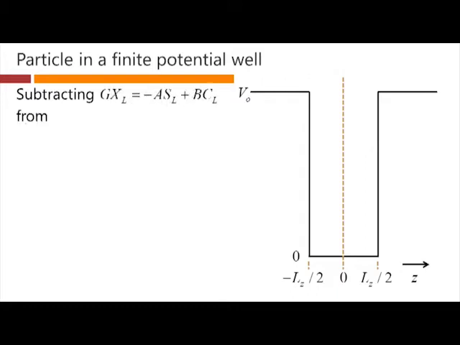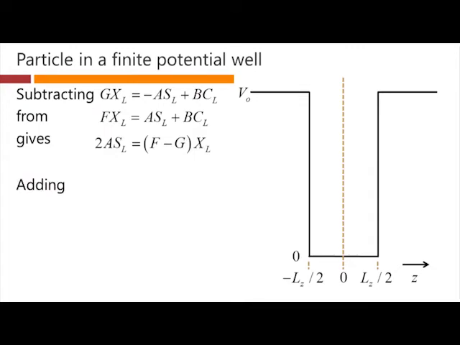Subtracting this equation from this equation, I'll get cancellation of these terms and I'll end up with 2A sin KL here. And I subtracted this one from this one, so I've got f minus g times xL. Adding these two boundary condition relations, similarly, I'm going to cancel these two terms.